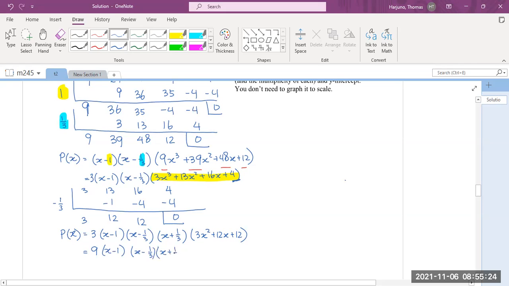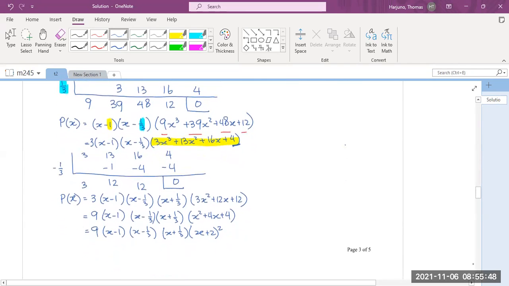When I factor 3, I get x squared plus 4x plus 4. Oh, that is a perfect square, so I can factor it right away. This becomes (x plus 2) squared.